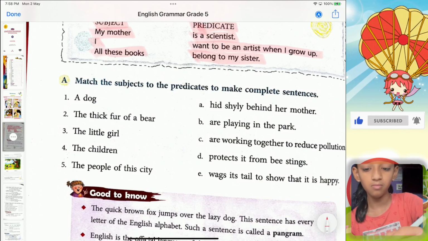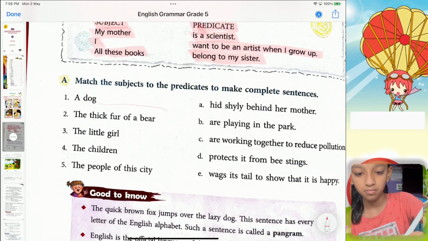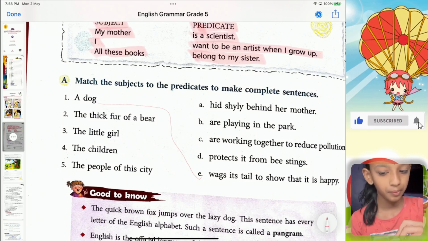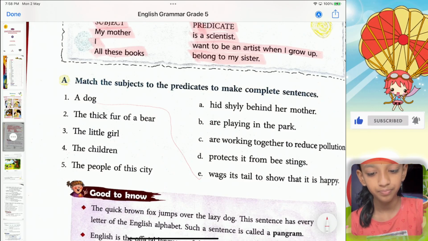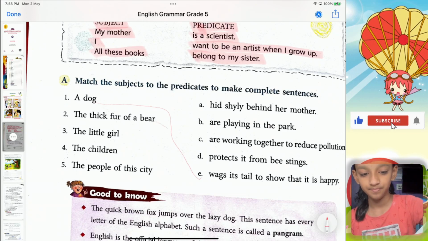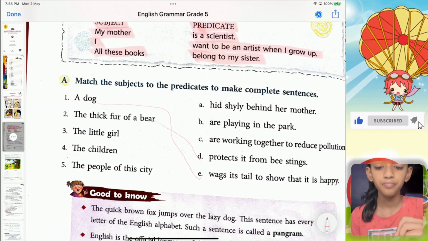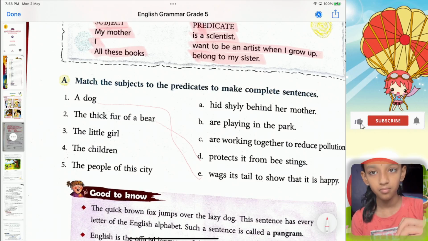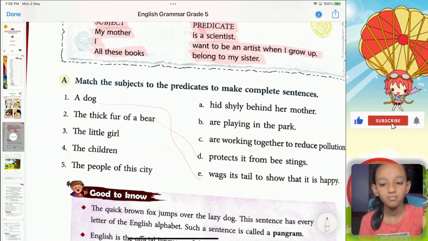Go ahead and draw an arrow line. The next one, the thick fur of a bear, protects it from bee stings. The thick fur of the bear is the subject and protects is a verb, so it becomes a predicate.